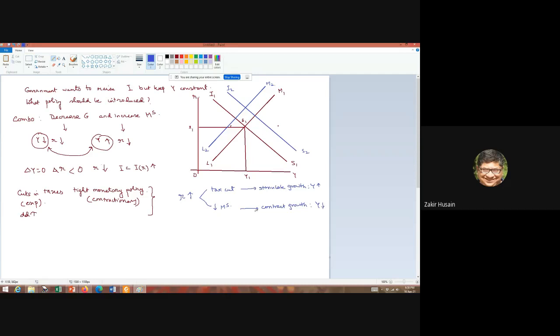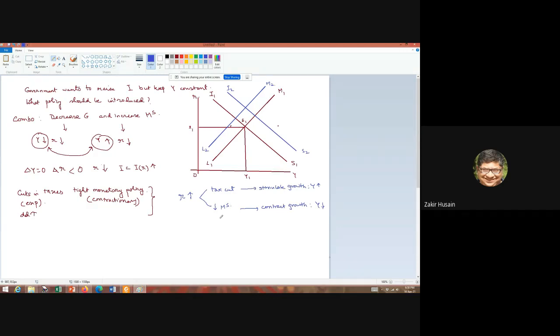Okay, so that means the economy doesn't run away. The growth process is not uncontrolled.